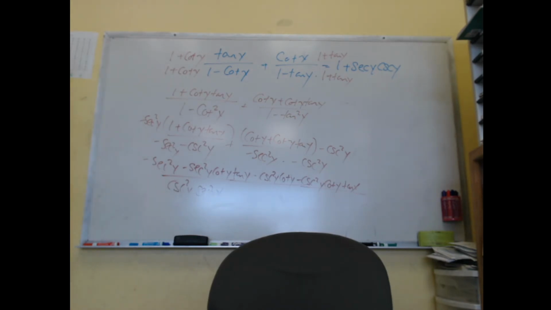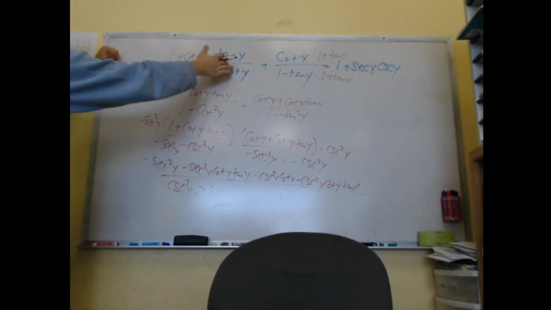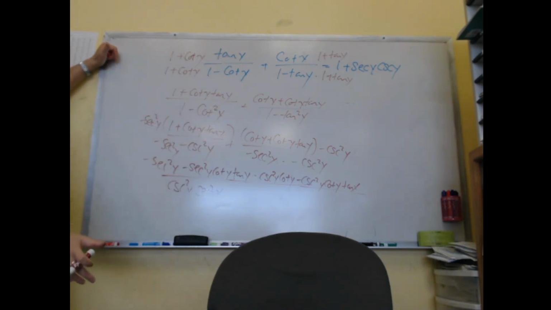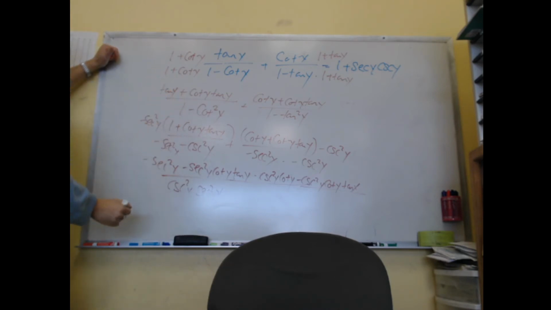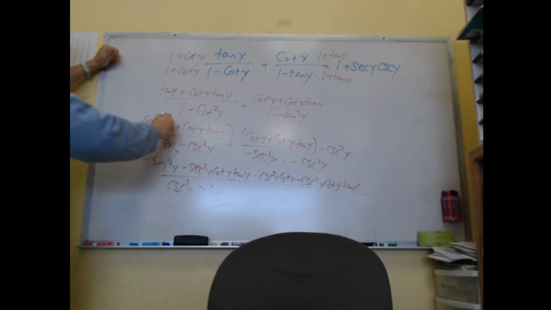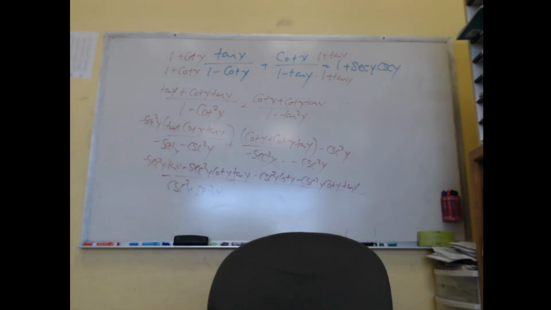Oh, you know what? Forgot one thing here. This one's supposed to be tangent. Right here, this one I distribute. So this one's supposed to be tangent, this one's supposed to be tangent. That one, once you multiply it out, is supposed to be negative secant squared, and then tangent. So now, anything that we can cancel?